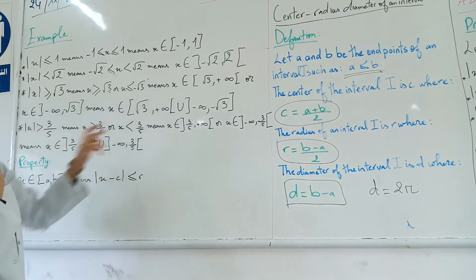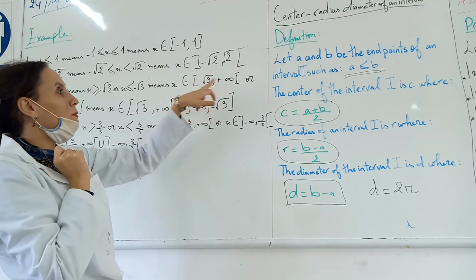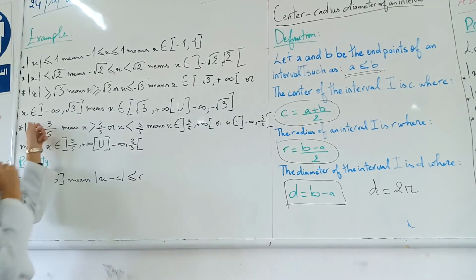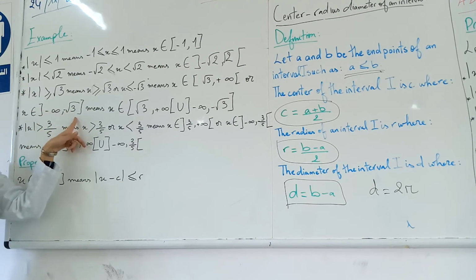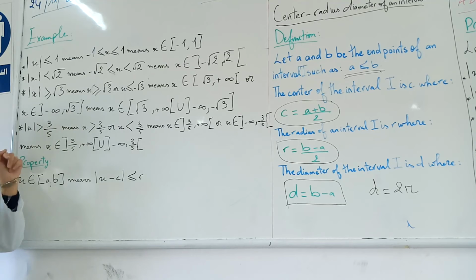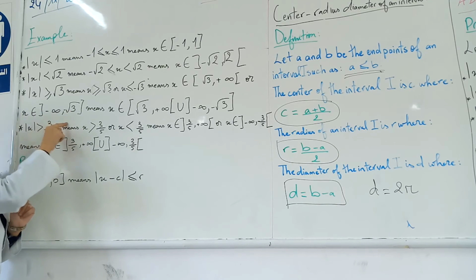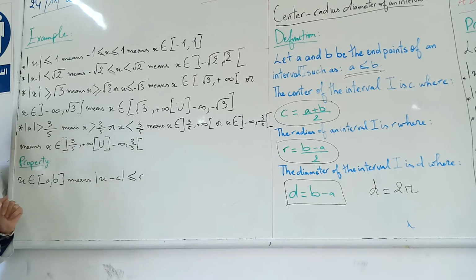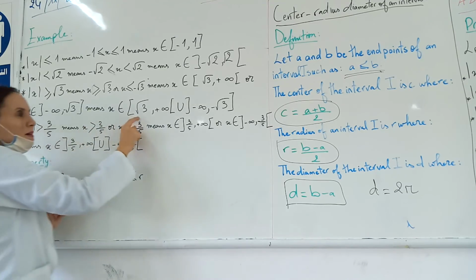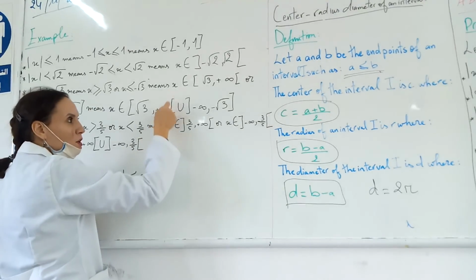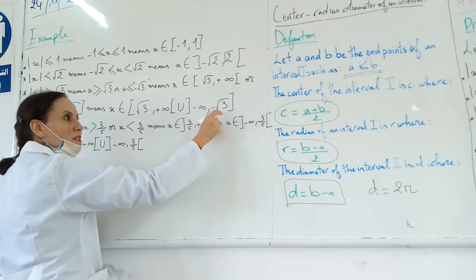So X belongs to [square root 3, plus infinity) or X belongs to minus infinity, minus square root 3] with closed interval at square root 3. Remark: at minus infinity and plus infinity, always open interval. So X belongs to the union of the two intervals.